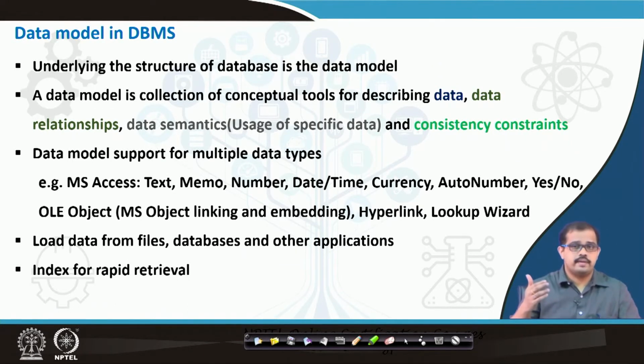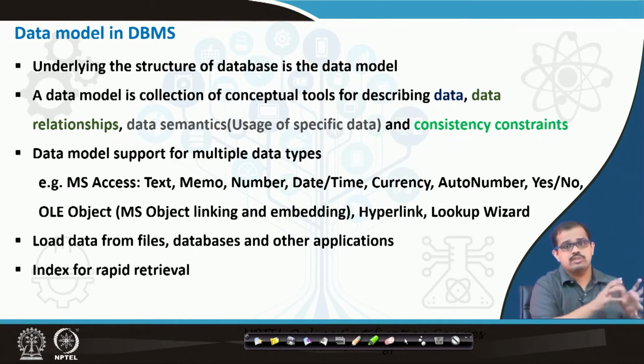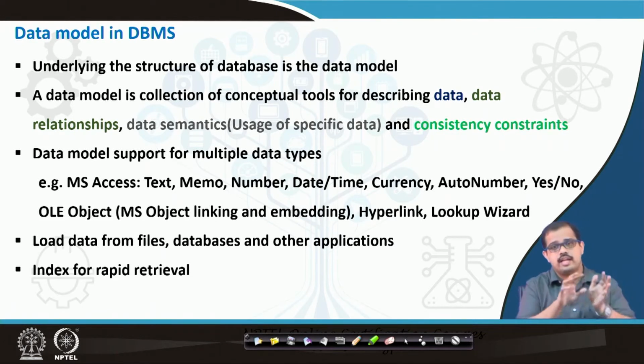Another important aspect is that the data model starts from where the data is stored as a file in the database. So loading of data from different databases, processing it, and the application, all of this is done using a data model.